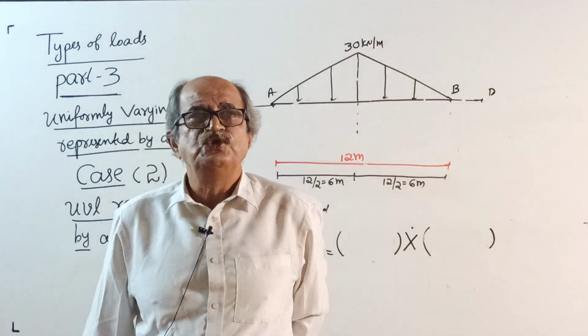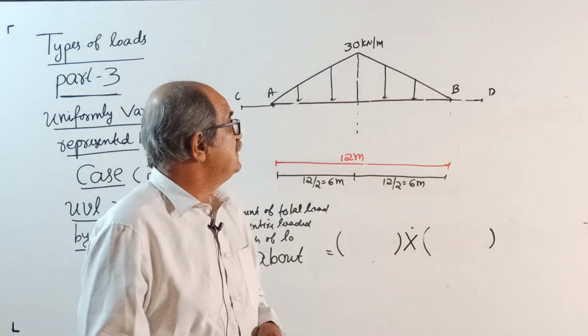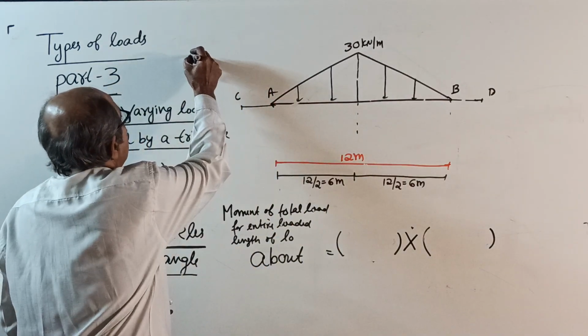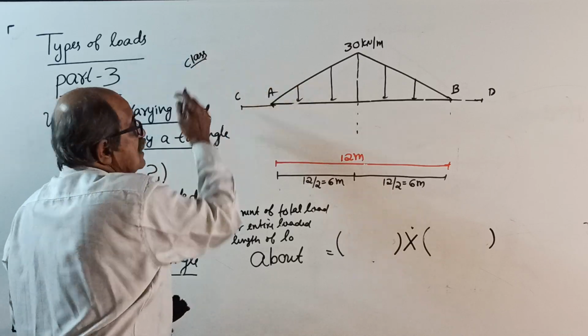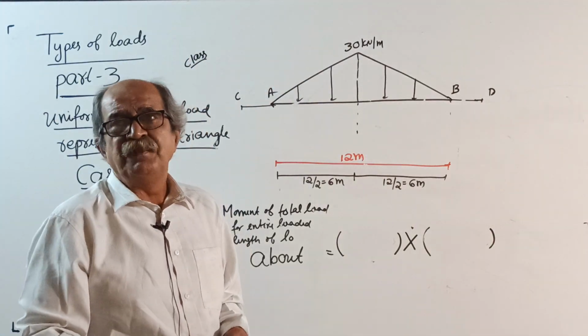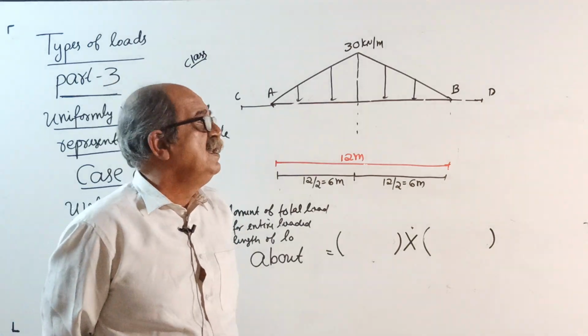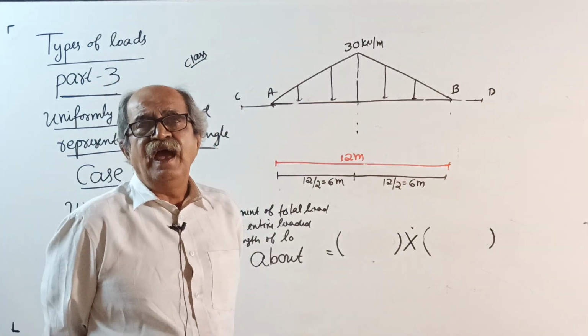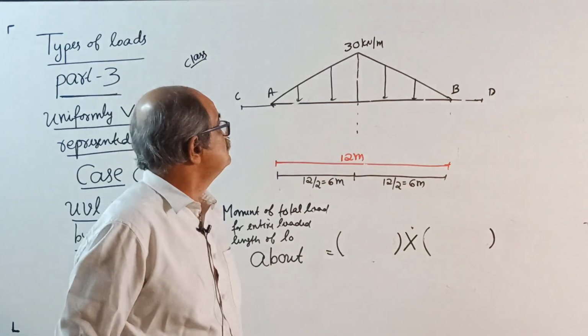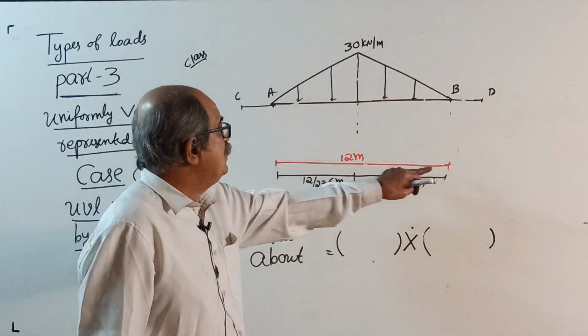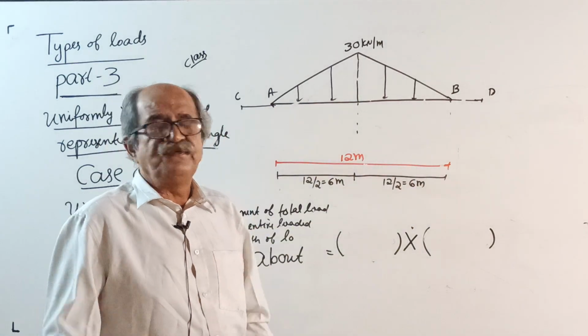Right, now the numerical example. First, I dictate in the class; whatever I dictate, you have to write. Consider an example of uniformly varying load represented by an isosceles triangle. Let the loaded length be 12 meter, my choice.